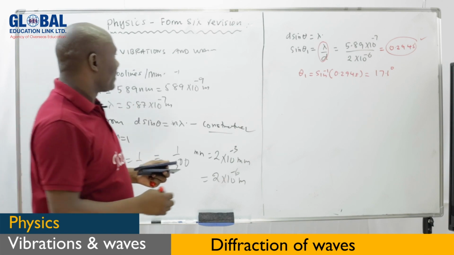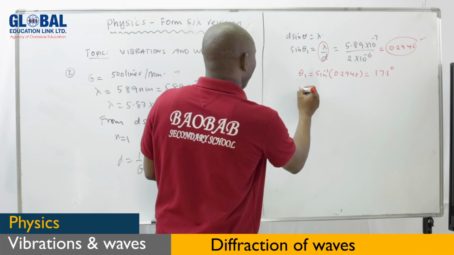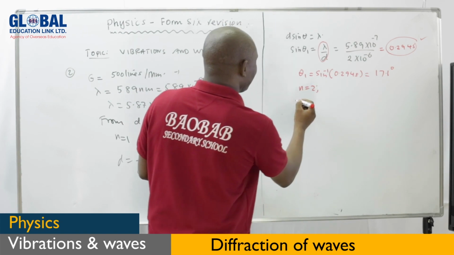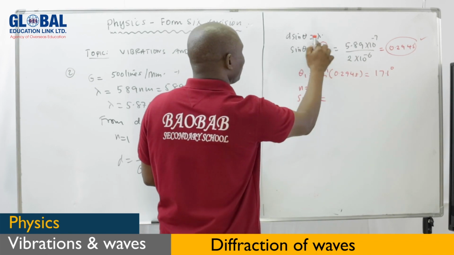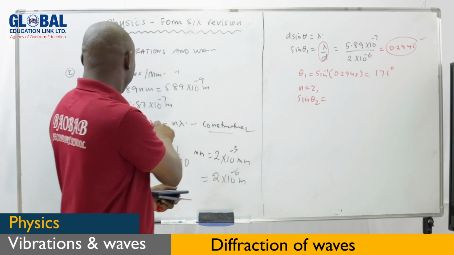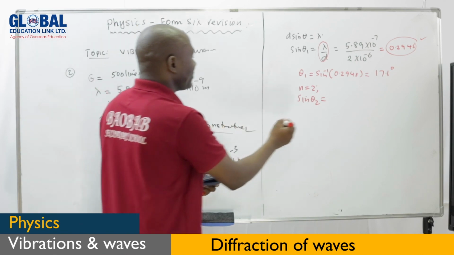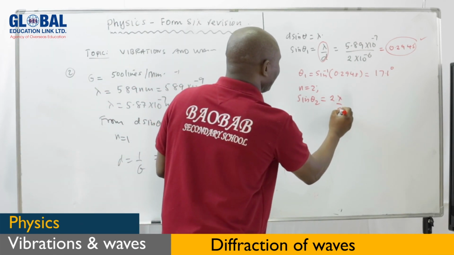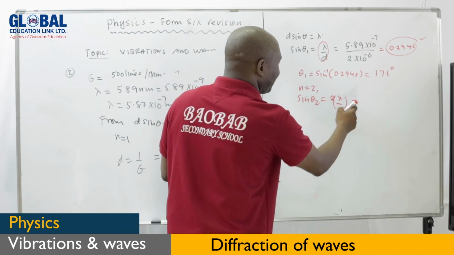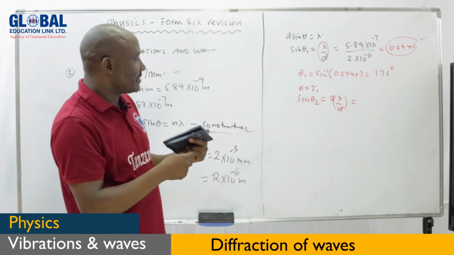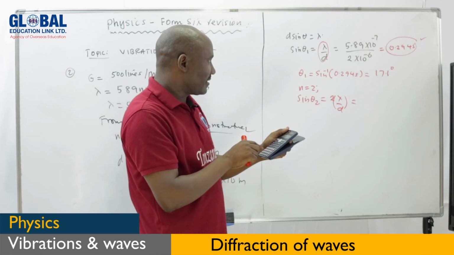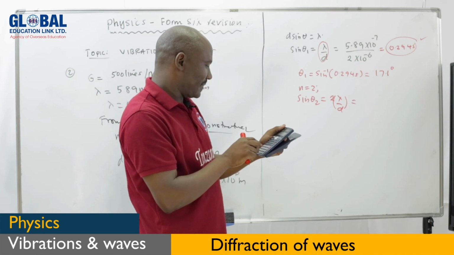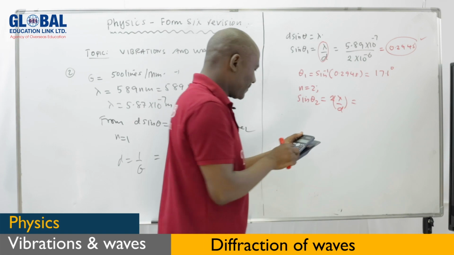Then you can find the angle corresponding to the second image. Sine theta 2 equals, from this formula with n equals 2, 2 lambda over d. Let's keep this ratio constant, so you take 0.2945 and multiply by 2.